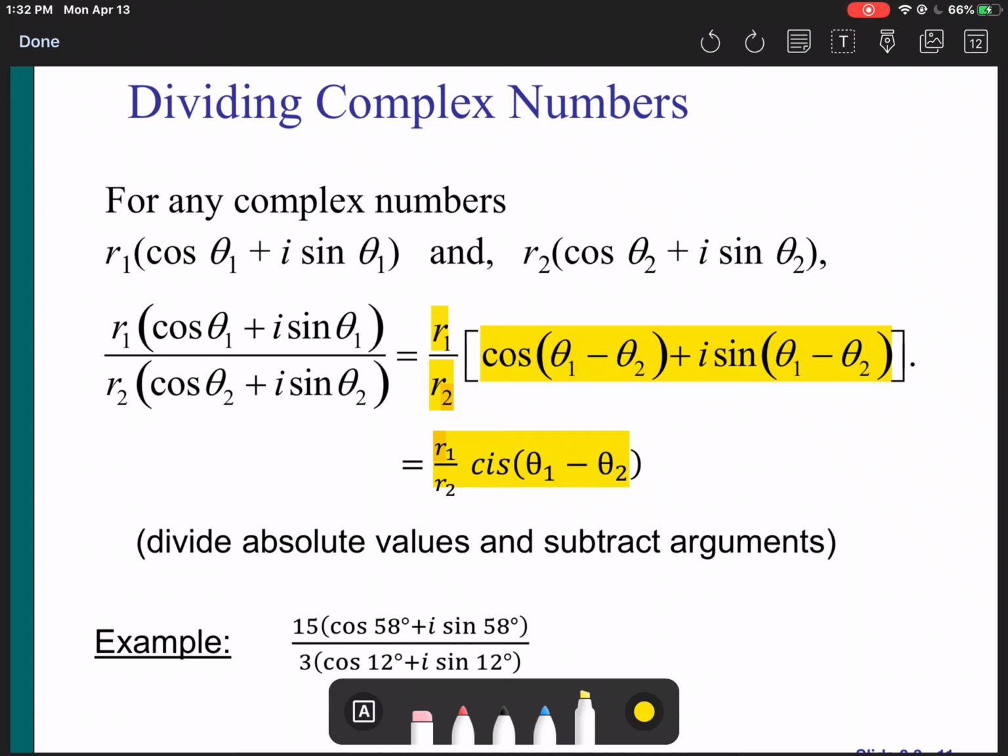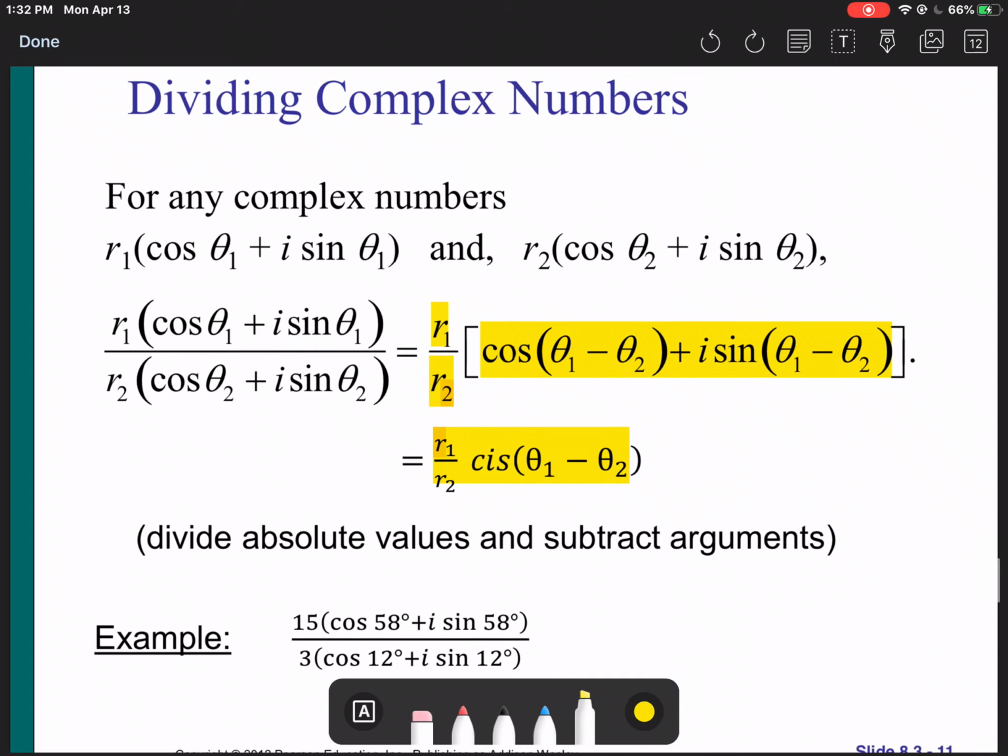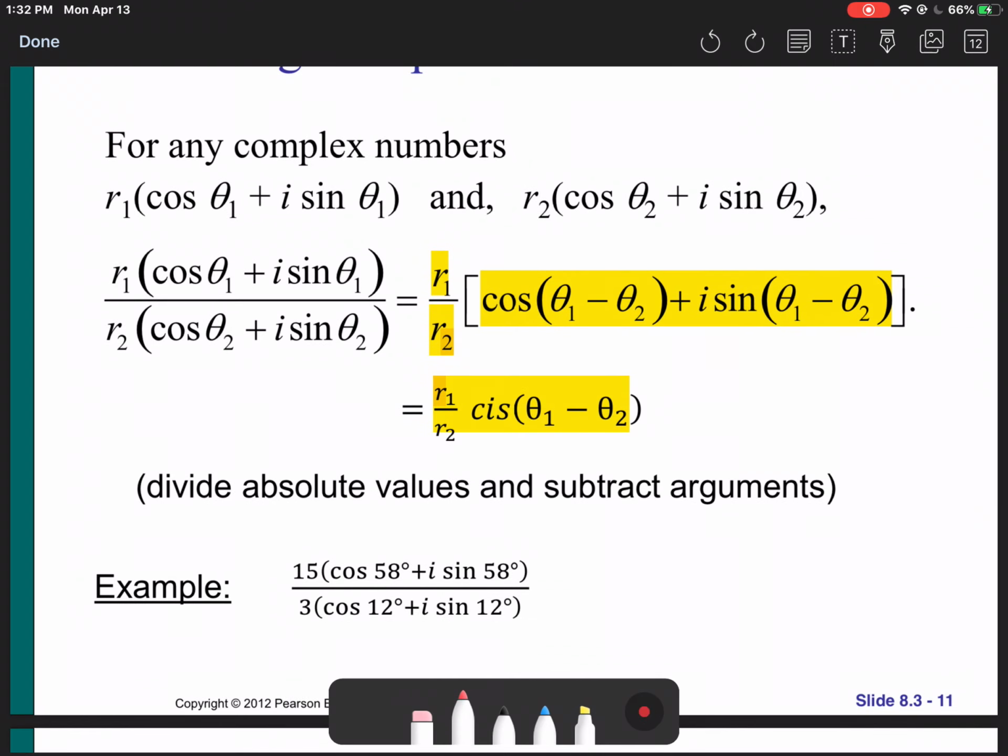Now, of course, this is direction specific, so as is always the case with division, it's the angle in the numerator minus the angle in the denominator. Right? But again, this is as straightforward as the multiplication. We're simply going to divide the r's. So I've got 15 divided by 3. And then we've got the cosine plus I sine of our angle in the numerator minus the angle in the denominator.